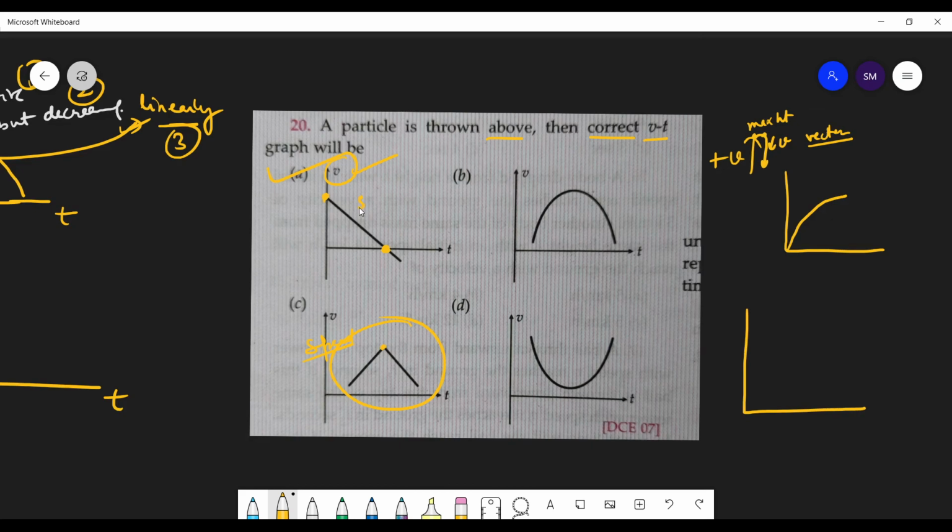Even if it is speed or velocity, this portion of the graph from here to here will be the same. If it is speed, speed cannot be negative, so the graph will move upward. And if it is velocity, then it will move down. But how can you say that this is graph C?